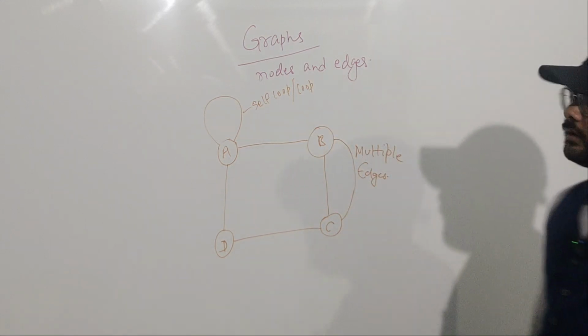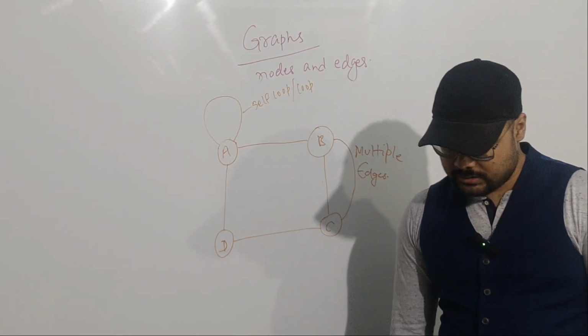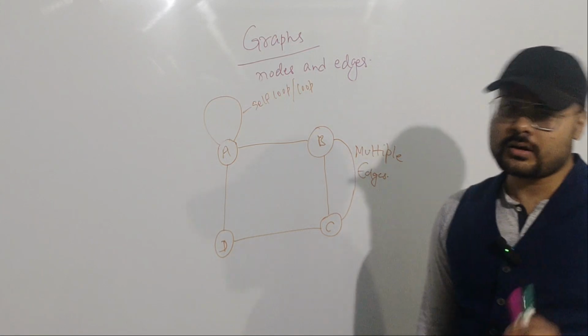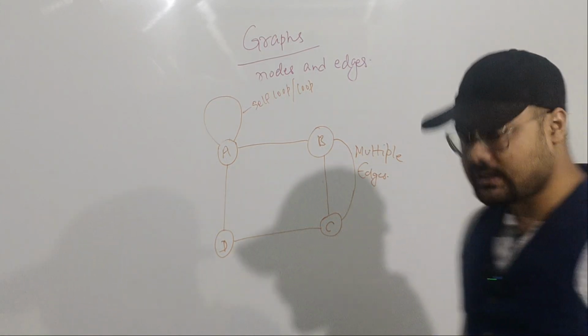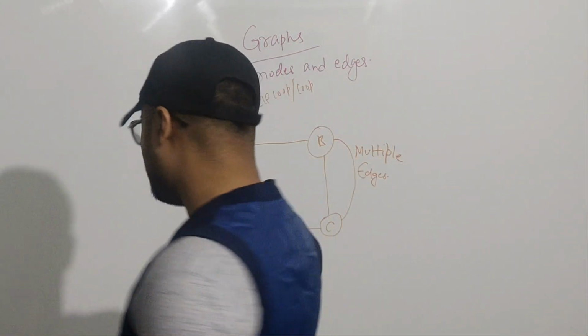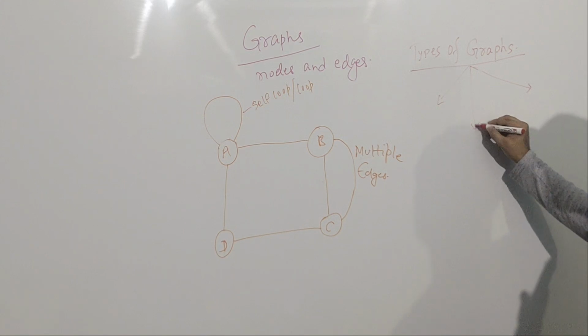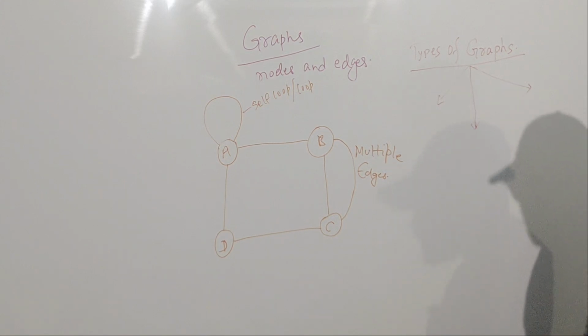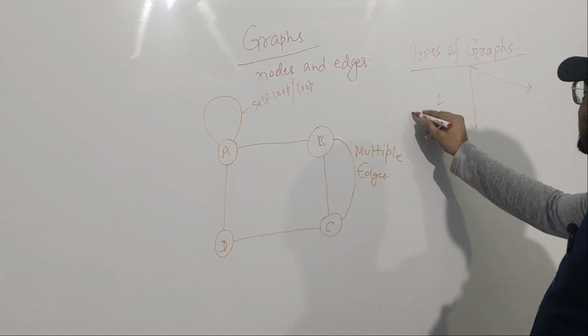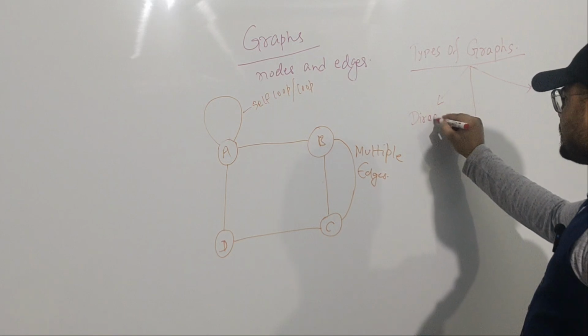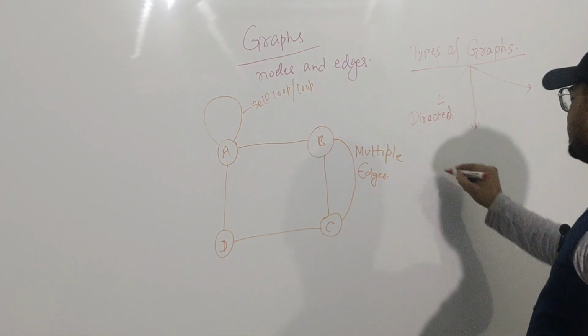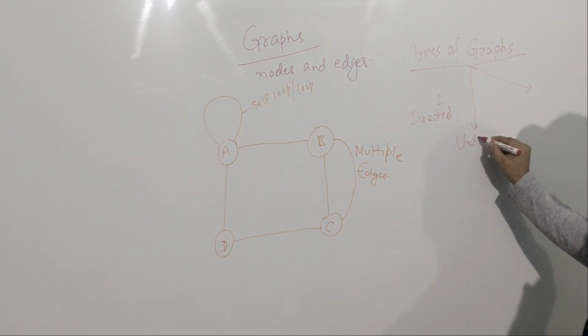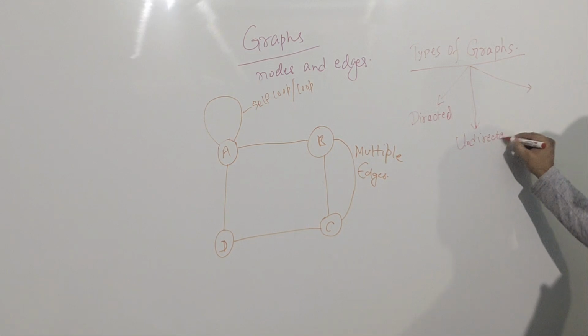So far what we have seen is that the edges can be directed or undirected. So let's look at different types of graphs now. Based on the type of edges, there are three types of graphs. One is directed graph, if the edges are directed. Then undirected graph, if the edges are undirected.